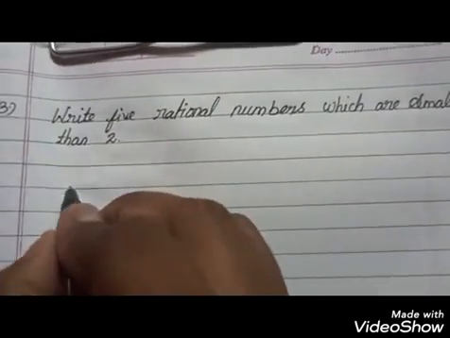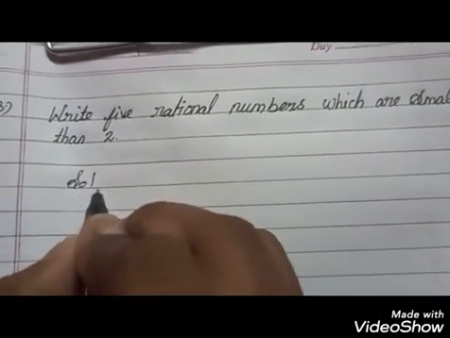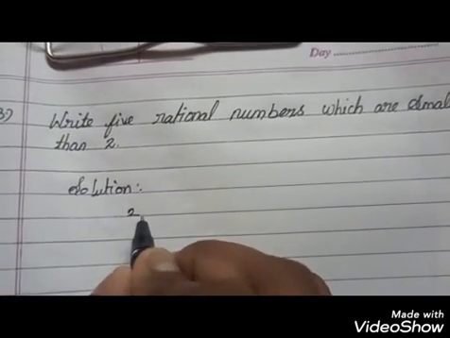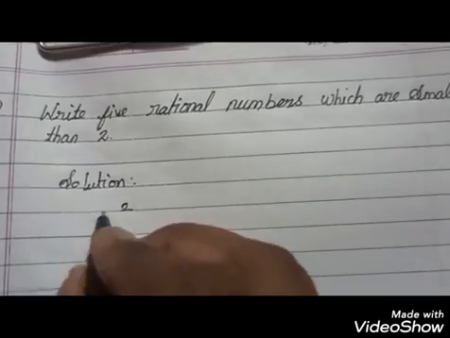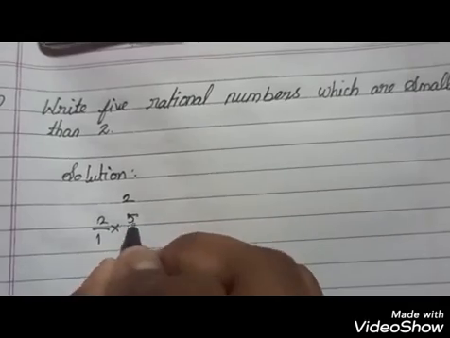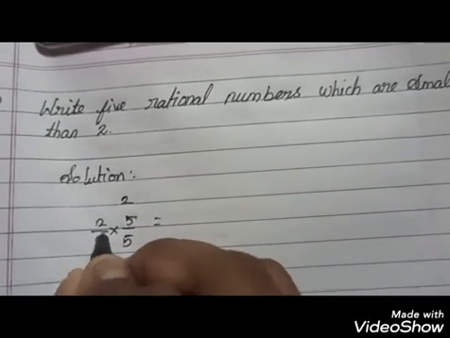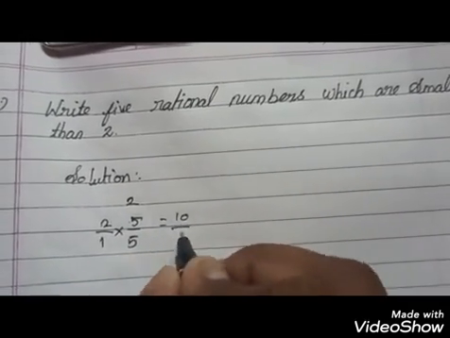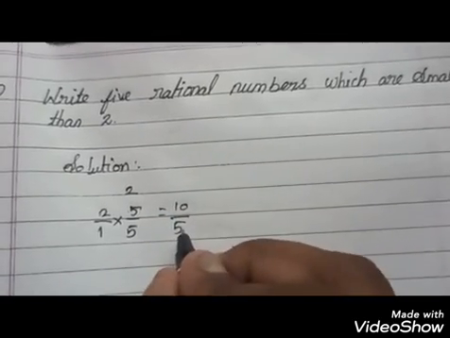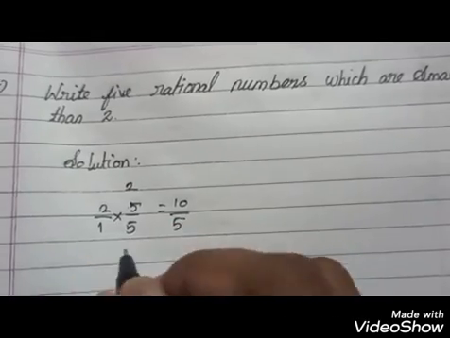We take it as the solution. That 2 can be written as 2 by 1 into, I take 5. So 2 5s are 10 divided by 5. So these are all the numbers. Okay, what are the numbers less than 10 by 5?